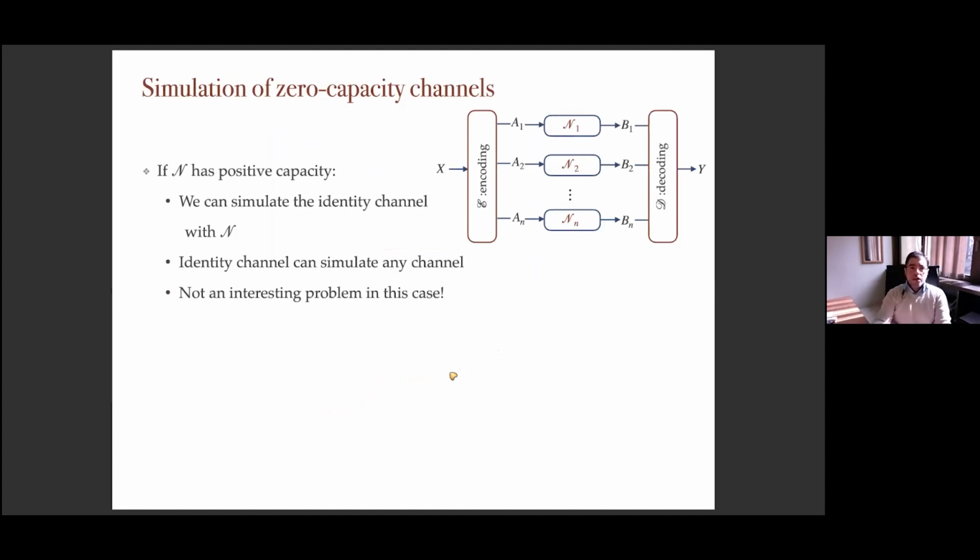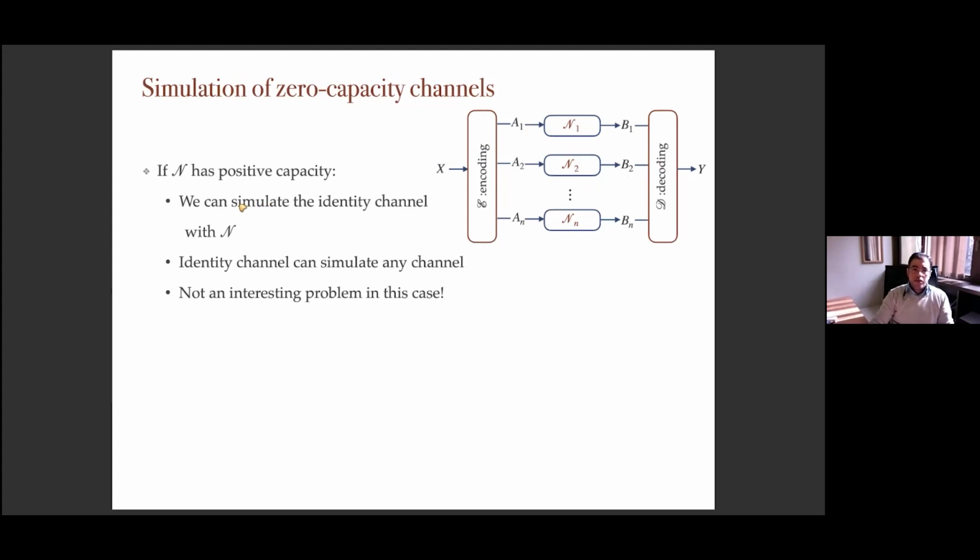Now, maybe the first question is, is it really a non-trivial problem or not? In some cases, it's a trivial problem. Suppose that N has a positive capacity, either classical or quantum. What does it mean? It means that by N in this scenario, I can simulate the identity channel, let's say the 1-bit identity channel or single qubit identity channel.